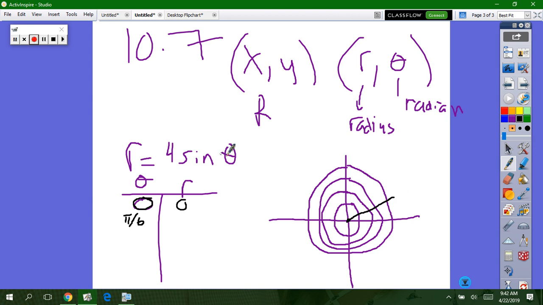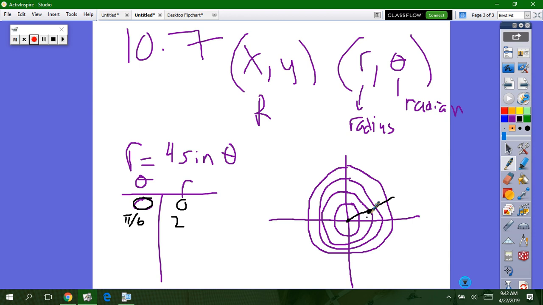Notice when I plug it in, what's sine of pi sixths? It's a half, right? A half times 4 is 2. So I come out here on this line, and I'm going to put a dot on that line at radius 2. Does that make sense?